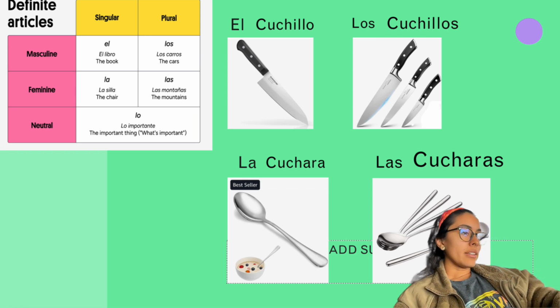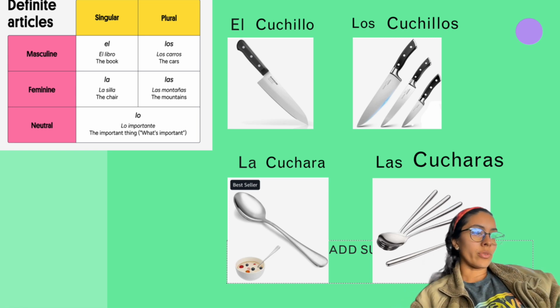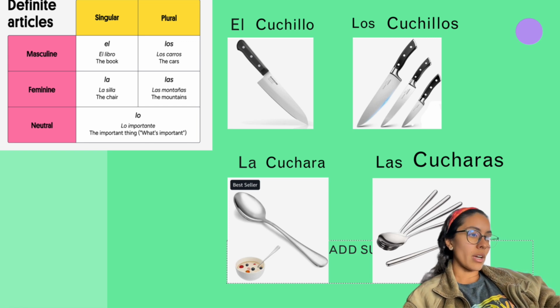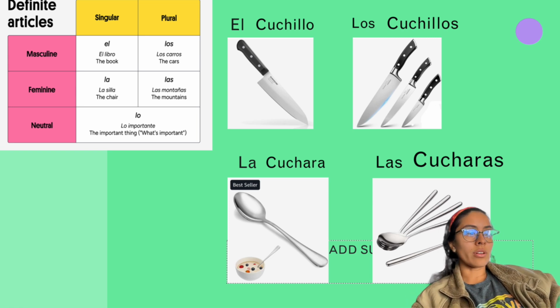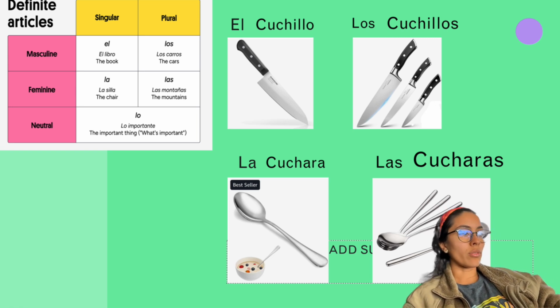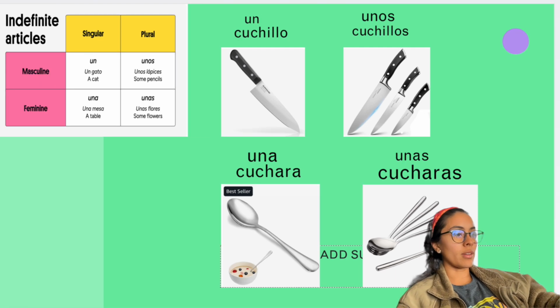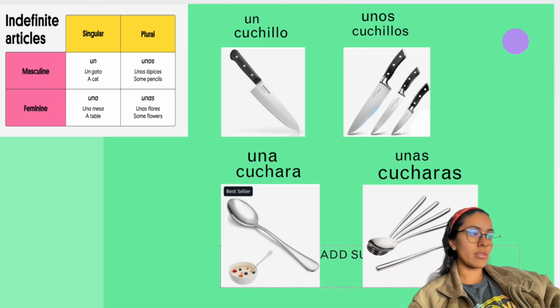And then we went over some examples on how to use these definite articles, depending on whether they were singular or plural, masculine or feminine. We did the same for indefinite articles. Are there any questions or clarifications that you would like?